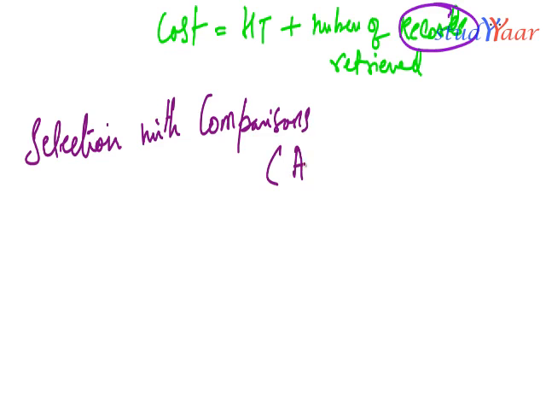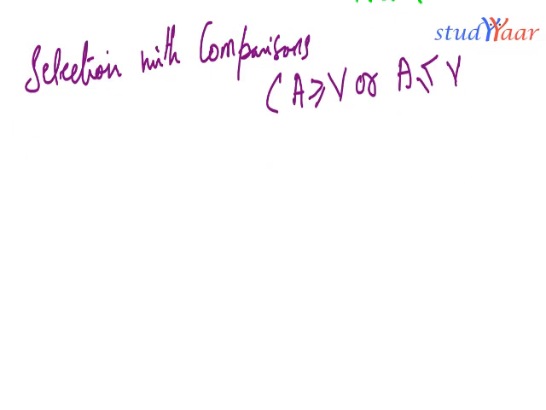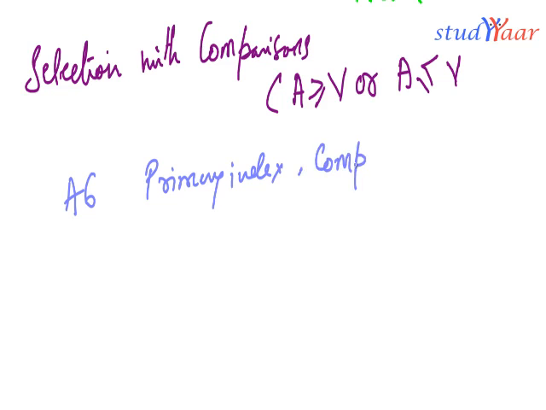Comparisons could be of attribute value greater than or equal to a particular value, or attribute value less than or equal to a particular value. First we are going to look at the primary index based approach. So the next algorithm is A6, which is primary index for comparison.